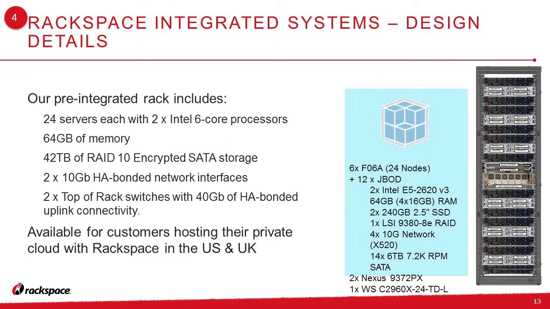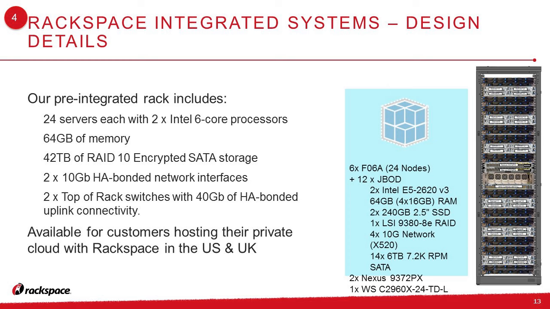Let's take a look at one of the cabinets in a little bit more detail. So for the storage-based solution, we have 24 servers within the cabinet. Each one of those has 2 hex-core processors, along with 64 gig of memory. Within the direct attached JBOD, there are 14 6 terabyte 7.5K SATA drives.